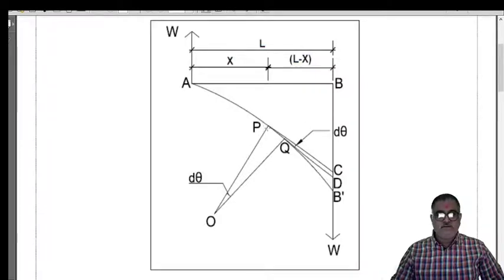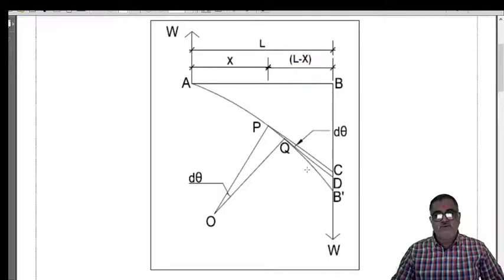Here we are drawing a tangent from P and a tangent from Q. The tangent drawn through P meets at C, a point on this vertical line BB dash.